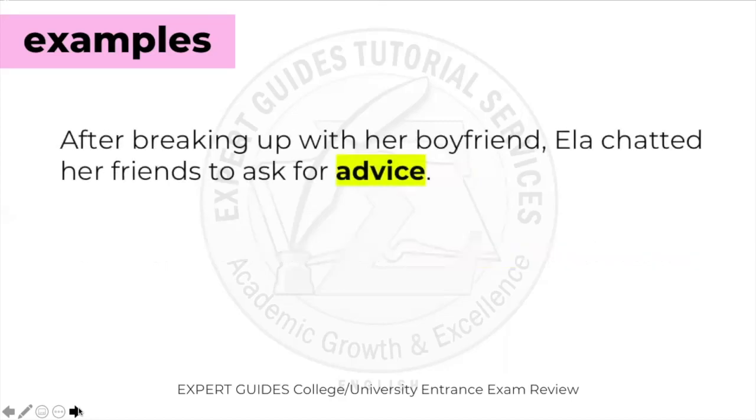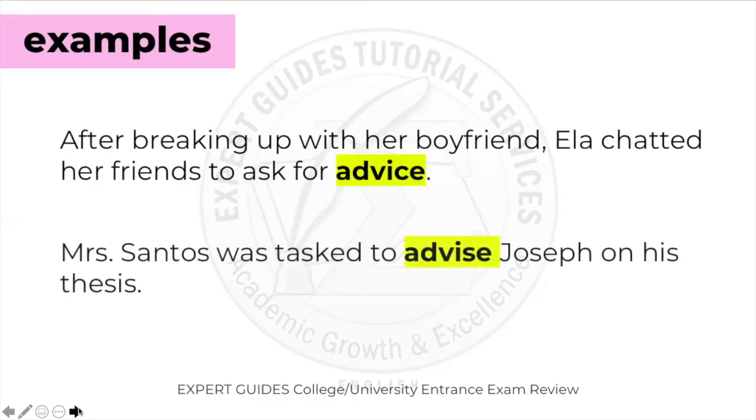Okay. So for the first sentence, we're going to use advice spelled with the letter C because we are looking for a noun. For the second sentence, we are going to use advise spelled with the letter S because we are looking for a verb.